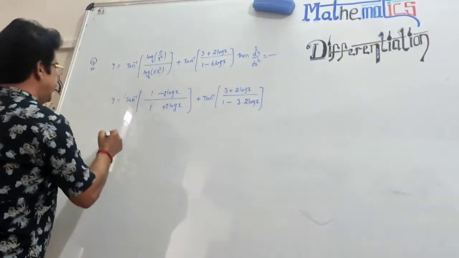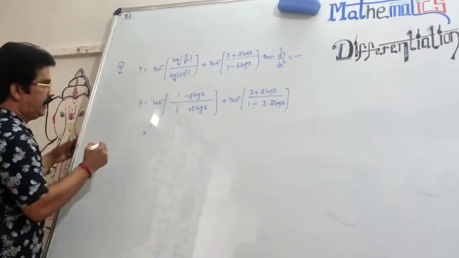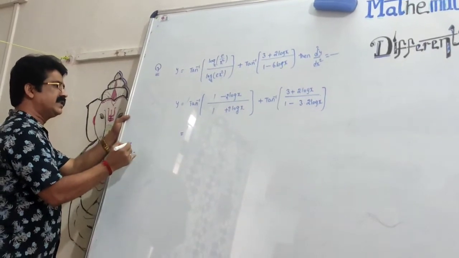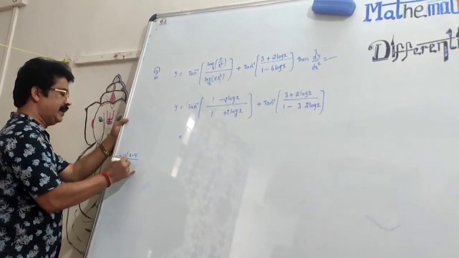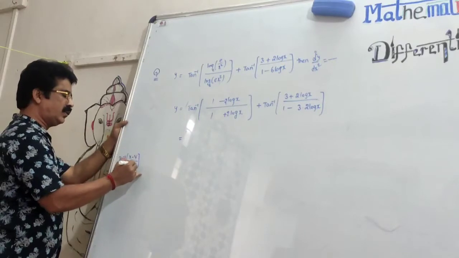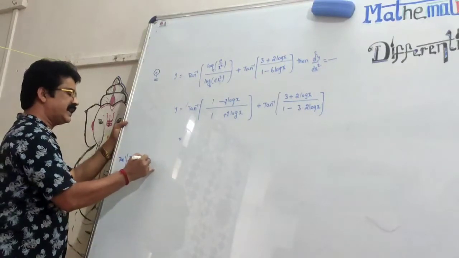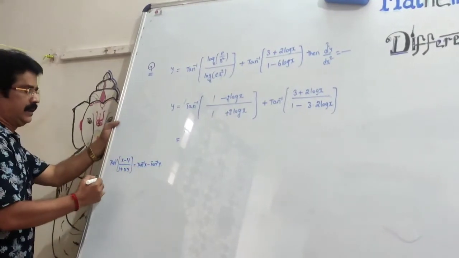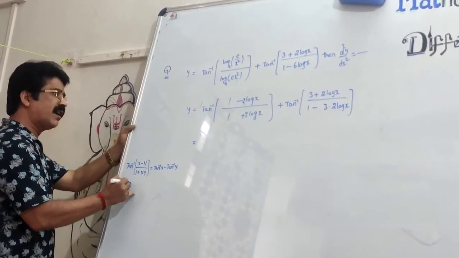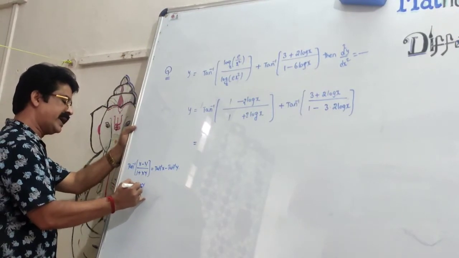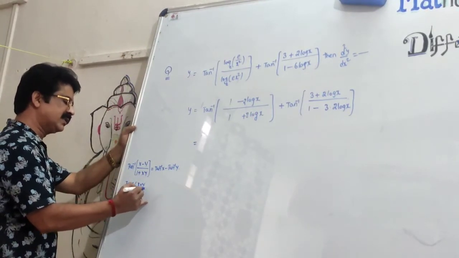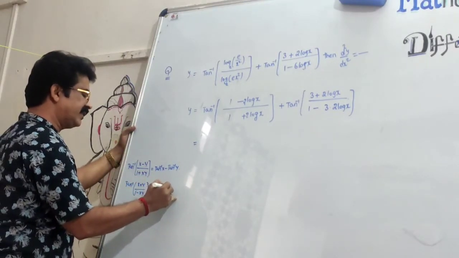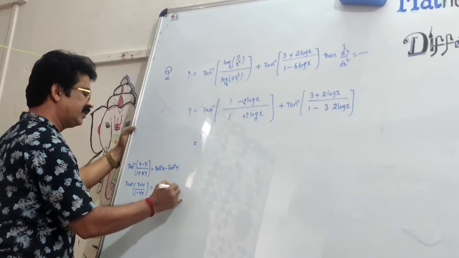Okay, so that is equal to, actually, tan inverse of (x minus y divided by 1 plus x into y) can be simply tan inverse of x minus tan inverse of y. Later, tan inverse of (x plus y divided by 1 minus xy) is equal to tan inverse x plus tan inverse y.